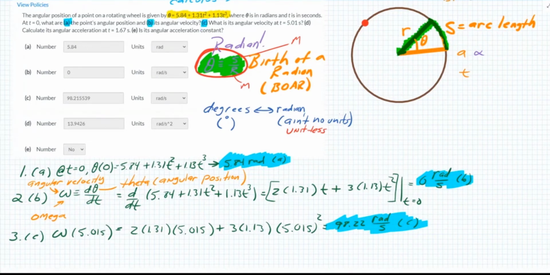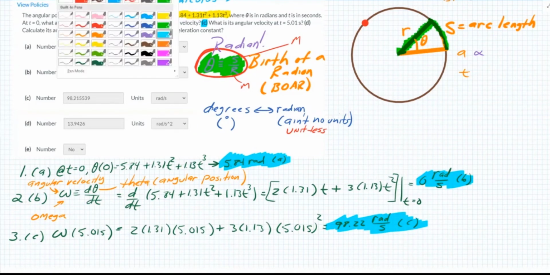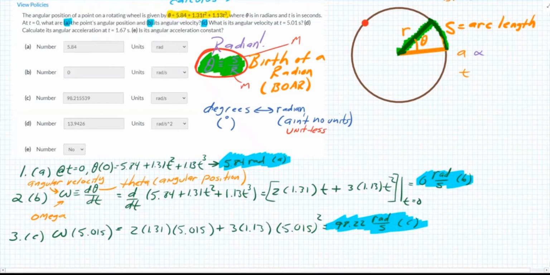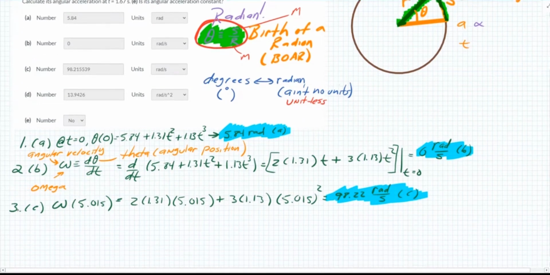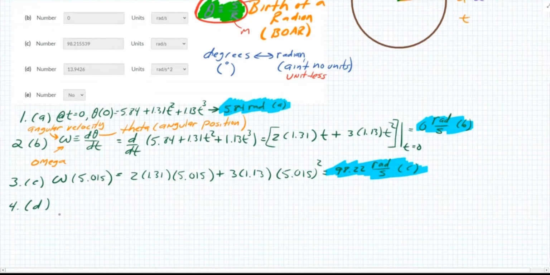I can go at a pretty high velocity clip for all this, no pun intended, just because we've covered a lot of this basic kinematic stuff before. This is where a lot of times the light bulb switches from dimly lit to brightly lit. D says, what is the angular acceleration? This is the Greek letter alpha, defined as d omega dt.